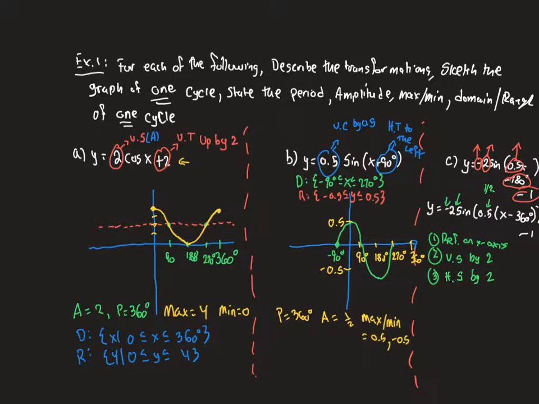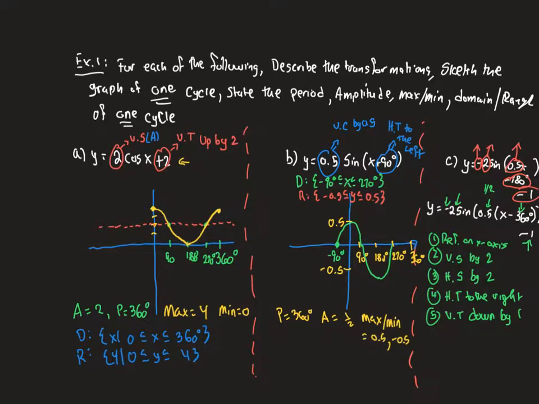Minus 360, which means next one here would be a shift to the right by 360. And finally, I've got this little guy here, which means I have a vertical translation down by 1.